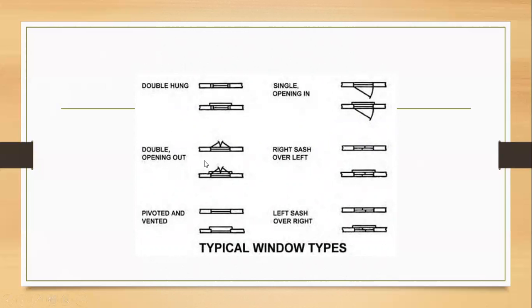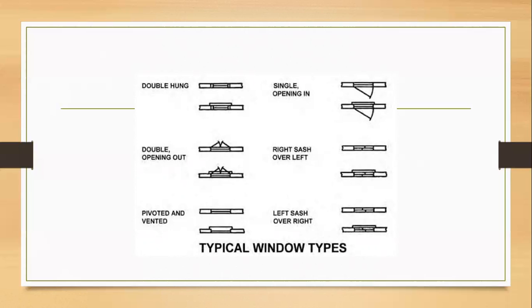Here we have double windows that open outwards, right? These are two examples. Then we have the pivoted or vented windows. This would be the kind of window where it's different. It doesn't open out like that. It actually swings along the middle of the window.